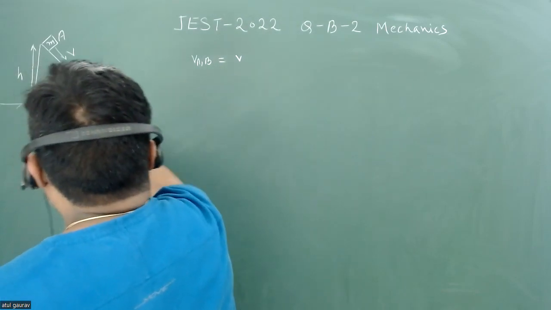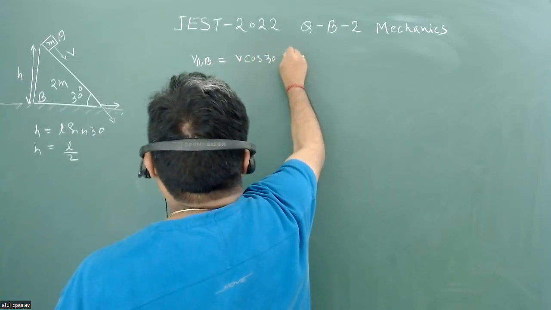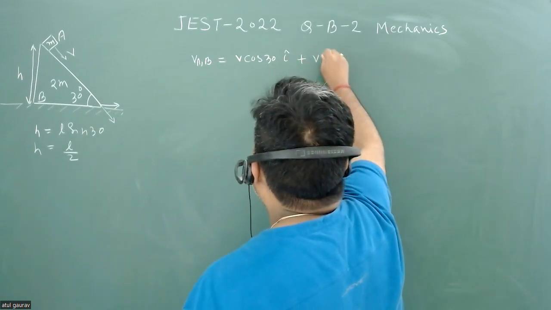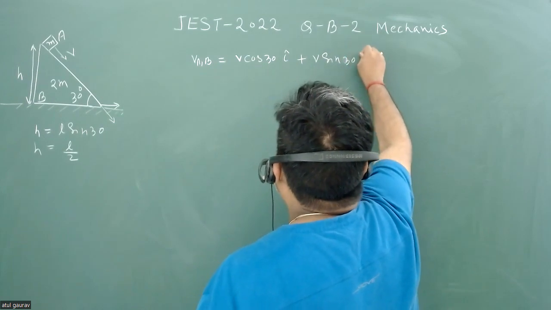Along the x direction it is v cos 30 in the i cap direction plus v sin 30 in the j cap direction.